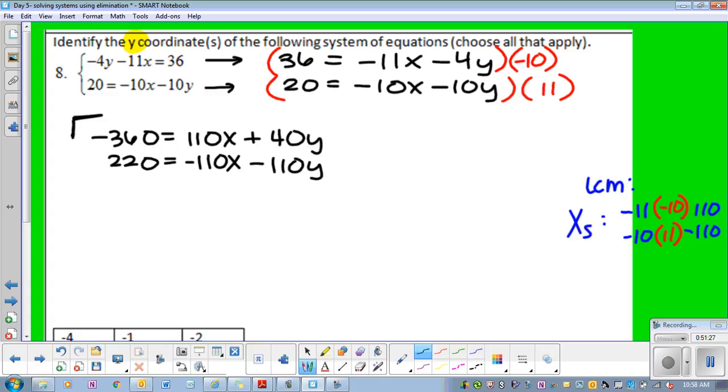Did I get all my numbers right? Since we're looking for the y's, we're trying to get rid of the x's. Good. Same number, opposite signs. Oh no. Oh. I'm going to add them.